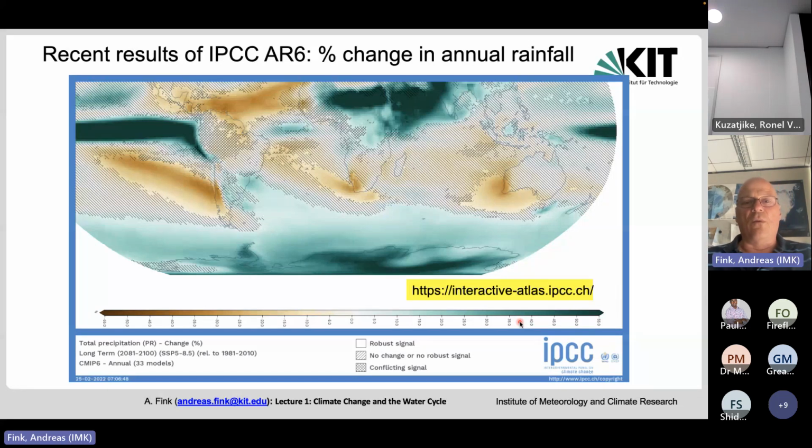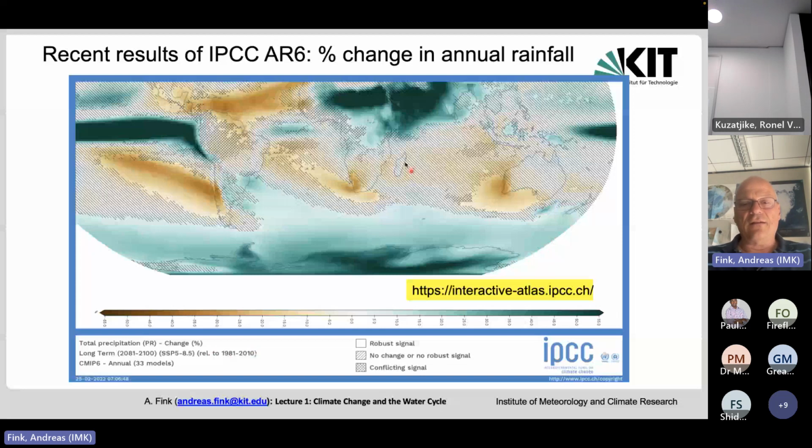And one consequence is here, and allow me to have one slide on the climate projection already. That is the long-term, 2080, 2100. And this is the SSP 5 8.5, a very strong scenario. This is the reference period.